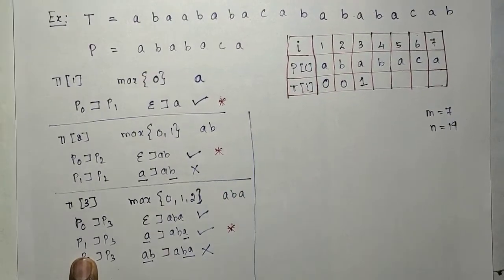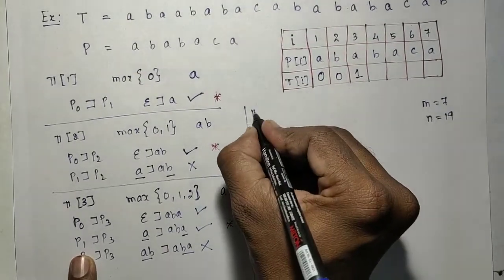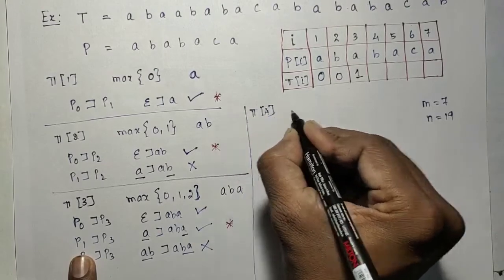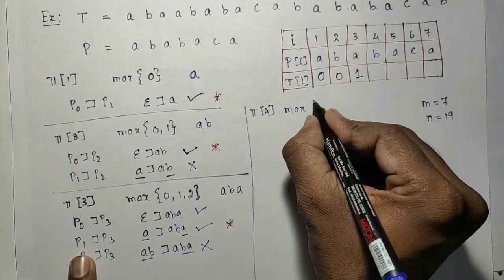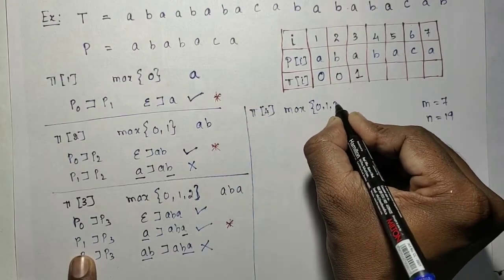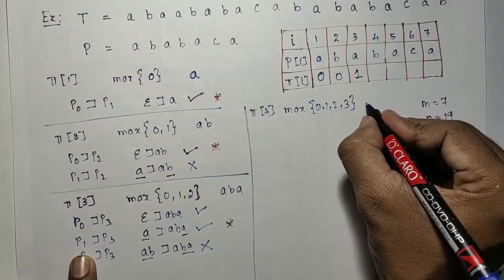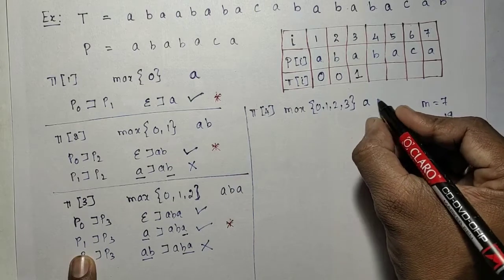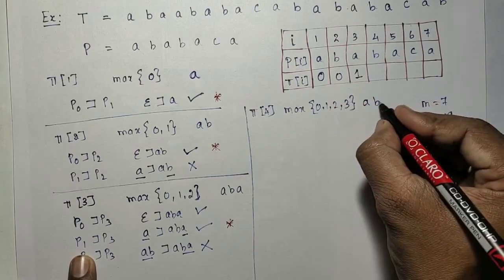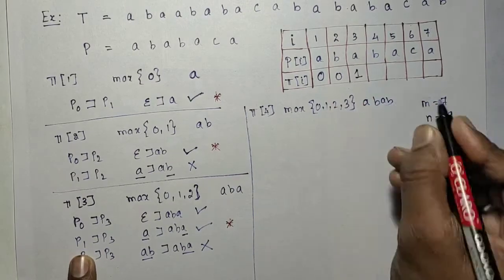Okay, so next pi of 4, I need to consider maximum from 0, 1, 2 and 3 alone. So the text we need to consider is ABAB.